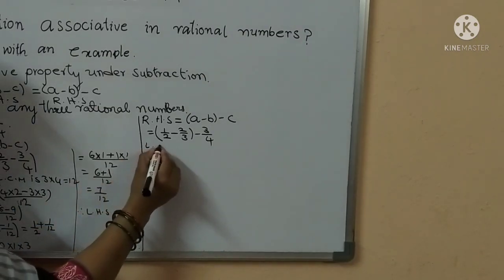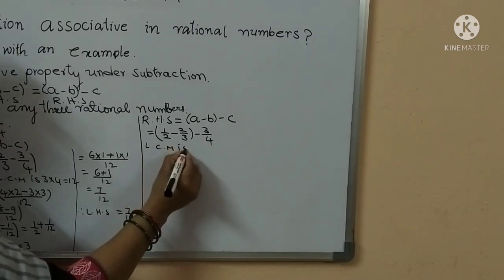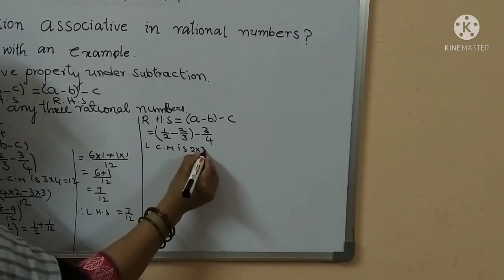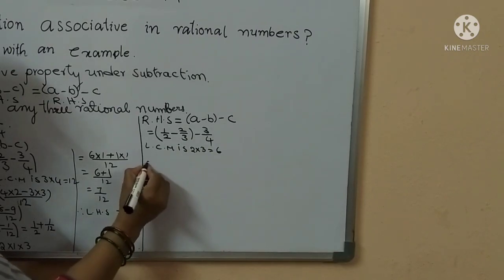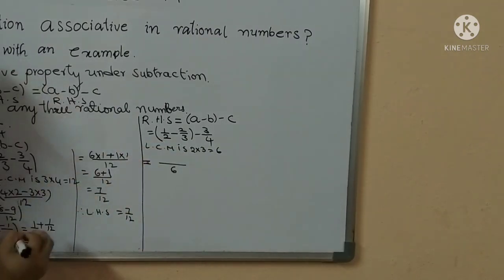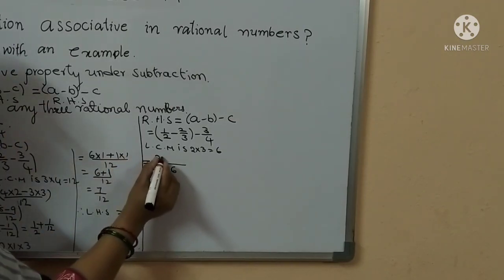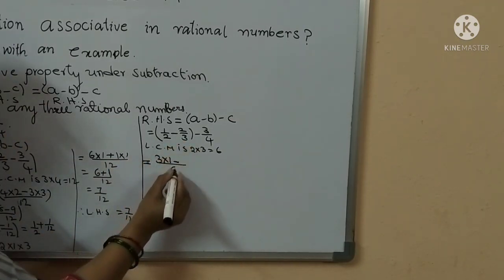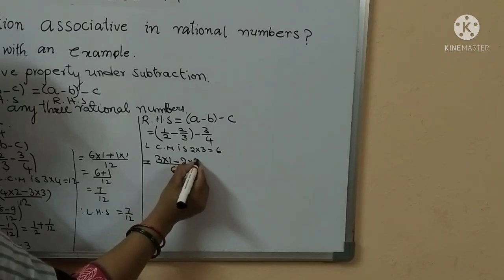LCM is 2 into 3 equal to 6. So the denominator is 6. 2 how many times possible? 3 times, so 3 into 1 minus 3 twos, 2 into 2.